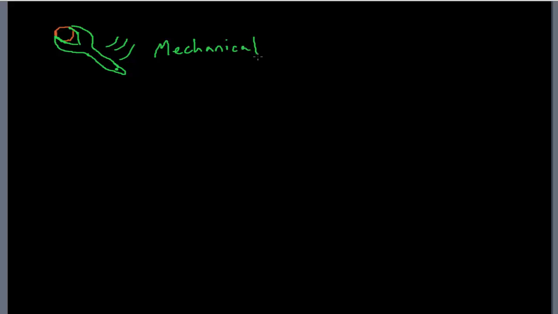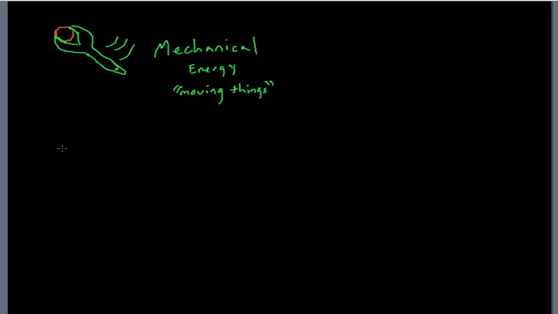Mechanical energy is the energy of things that are moving. Whenever something moves, it requires mechanical energy to make it move. So that's the energy of moving things, sort of like kinetic energy.